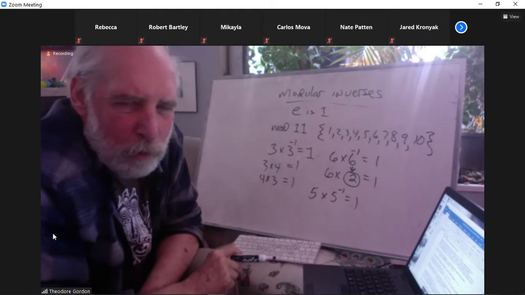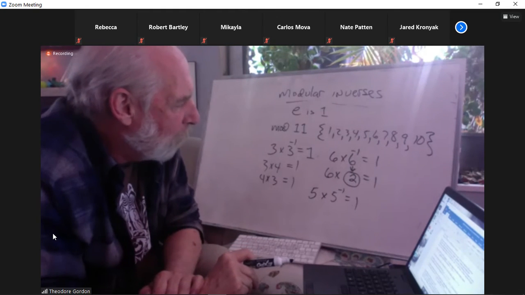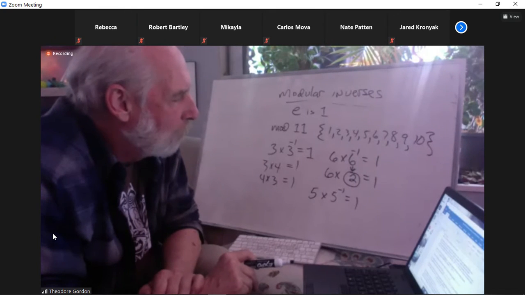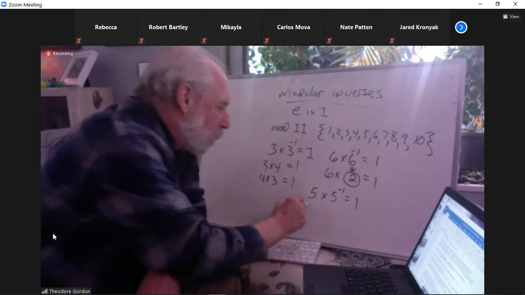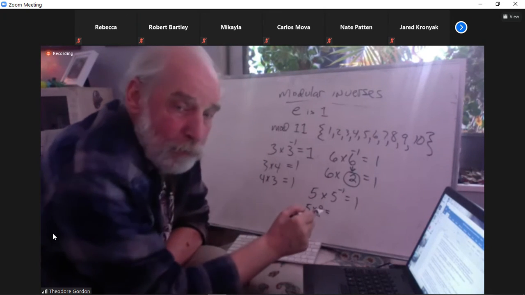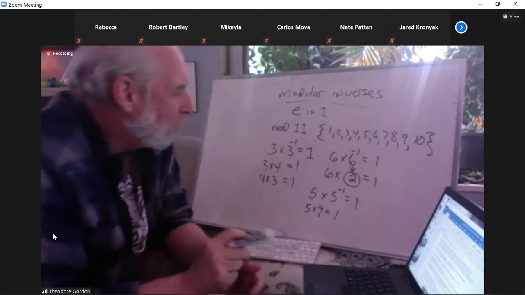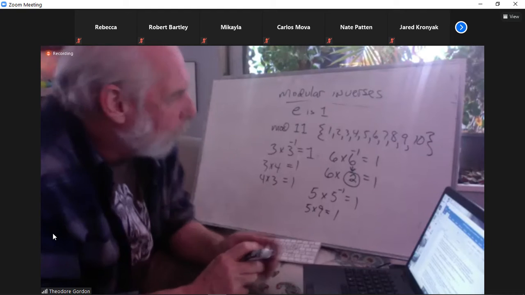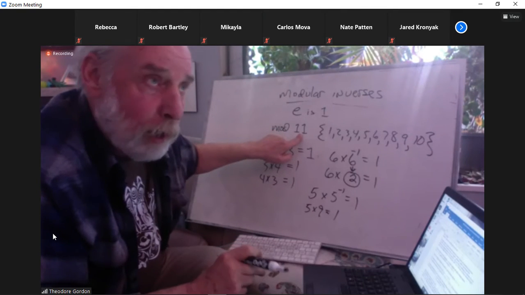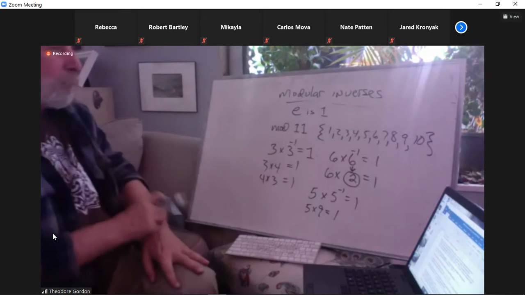It's a lot of arithmetic, but it's good for us. So what times 5 gives me 1? 9. 5 times 9 is 45, and 45 is 1 more than a multiple of 11. So 5 and 9 are inverses of each other. 11 is nice to work with because the multiples are so easy: 11, 22, 33, 44, 55, and so on.